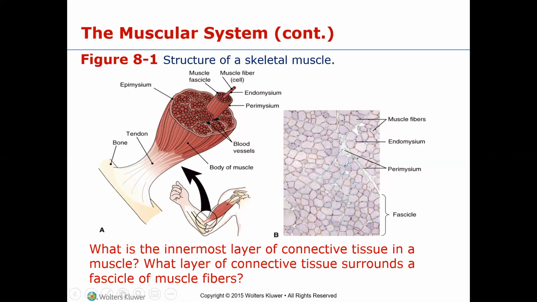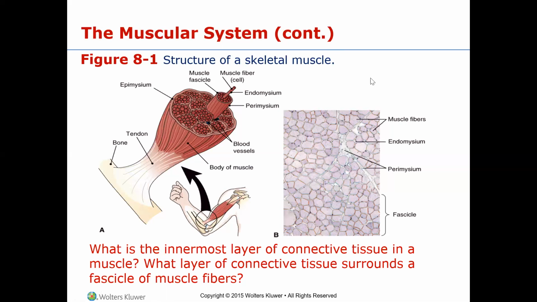So I hope that makes more sense to you. It's just like a bunch of bundles. So down at the smallest level, we have one muscle fiber, which is considered to be a cell. It is encased in a connective tissue that is known as the endomysium.